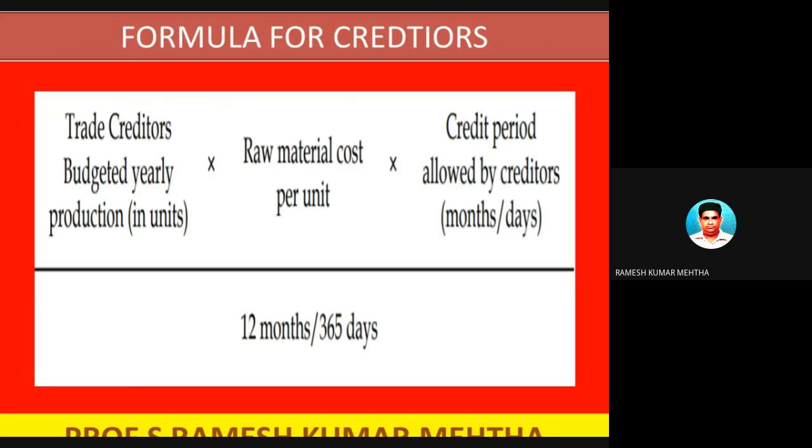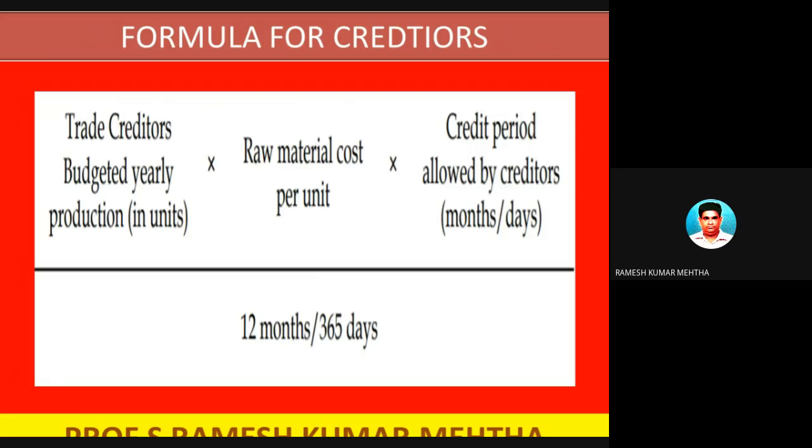In the same way, consider the amount you are supposed to pay to the creditors at any given period of time, because you are purchasing the raw material on a continual basis, and you are going to pay some amount to them from time to time, and some amount of money is still to be paid, which is outstanding. These are the creditors to whom you have to pay the money, because you purchase goods on credit basis.